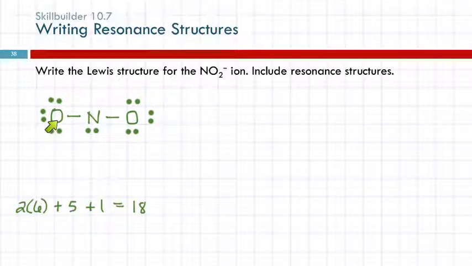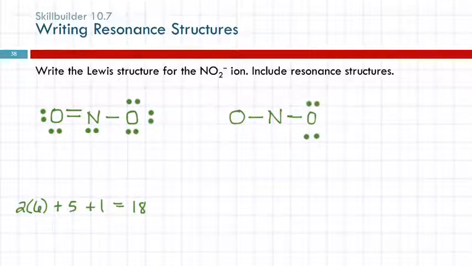The 2 atoms that can possibly share are the same element. And that says, oh, we're going to have a resonance structure here. So pick one. I'm going to pick this one. And this guy's going to share. And then I'm going to draw the same thing over here and make the other one share.